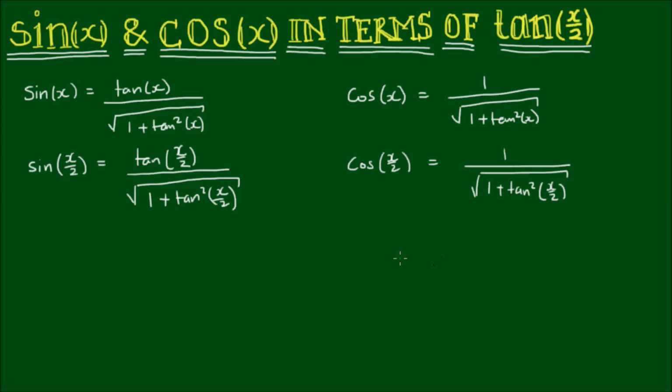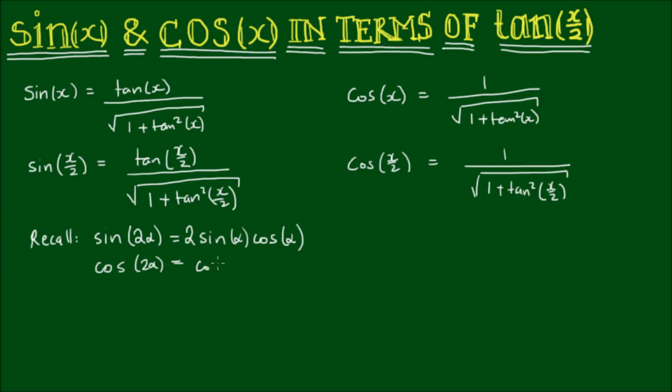So pretty straightforward. But recall from the sum difference formulas for sine and cosine that the sine of 2 alpha is equal to 2 times the sine of alpha by the cos of alpha, and the cos of 2 alpha is equal to cos squared alpha minus sine squared alpha.